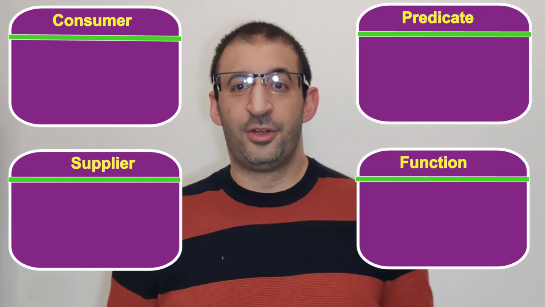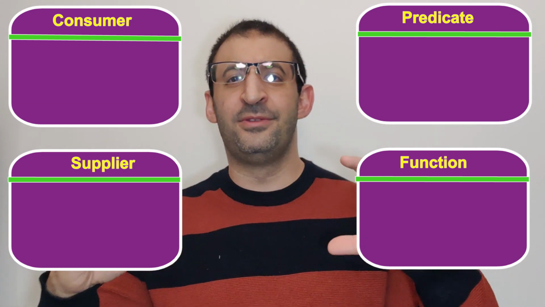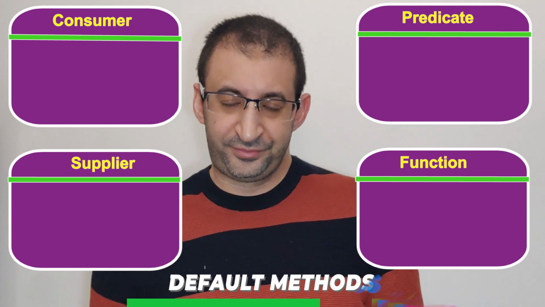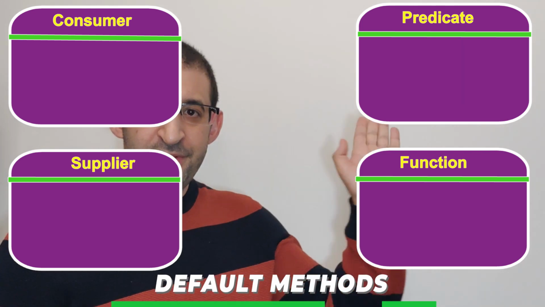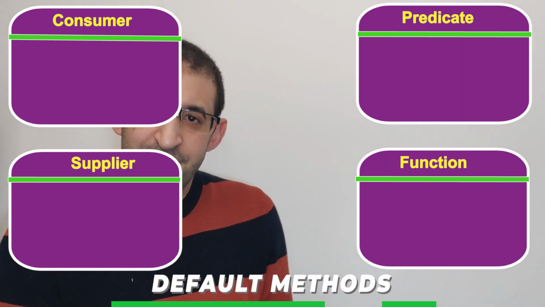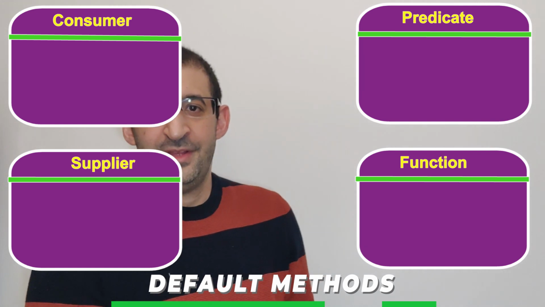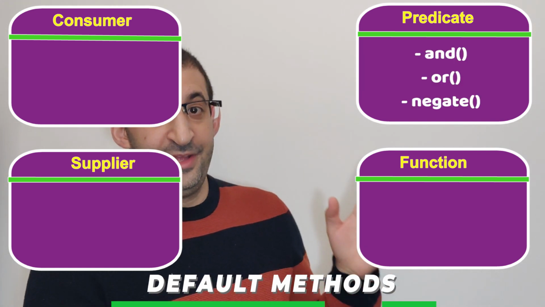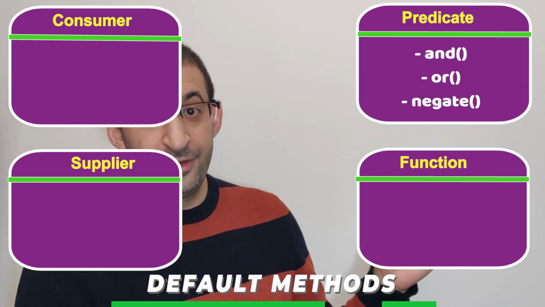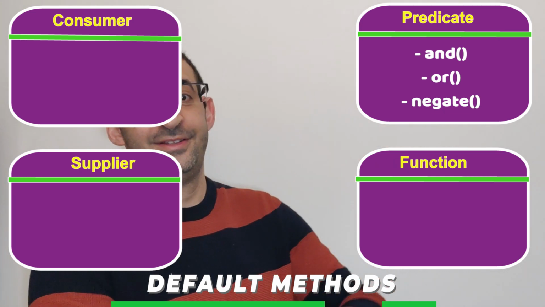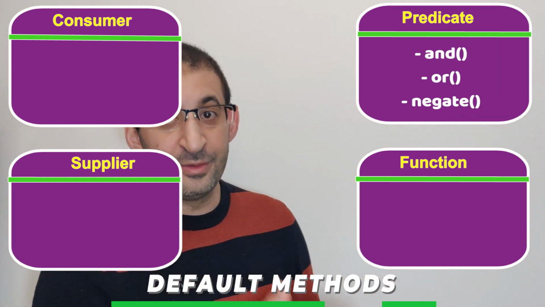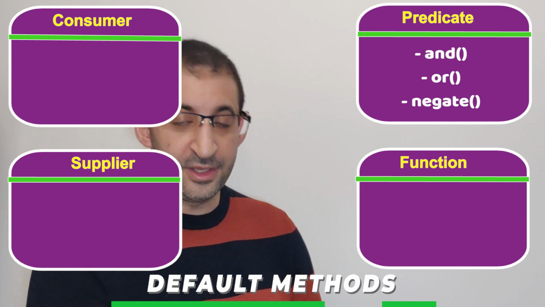Now, let's talk about the default methods. For Predicate, we have and, or, and negate, to join predicates, which is predicate chaining.